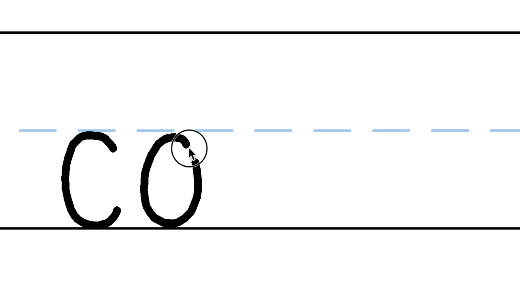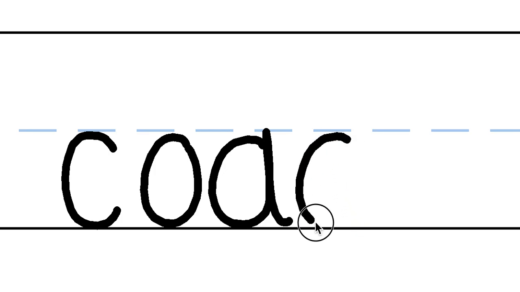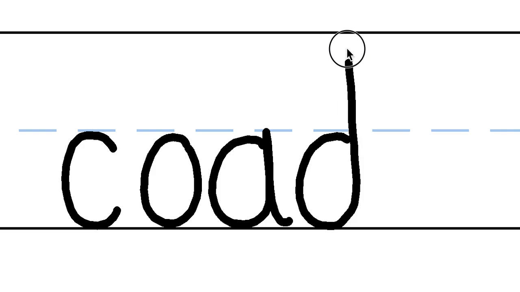O with a curve, A with a straight line and a tail. The A turns into a D by going farther up and down to make the tail.